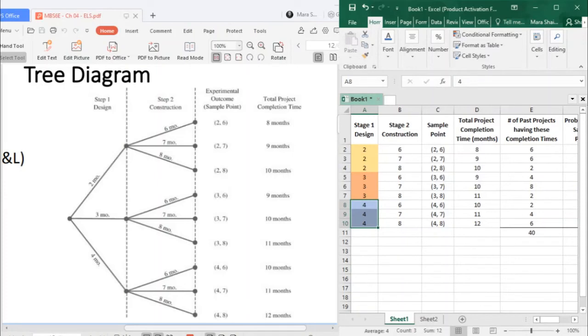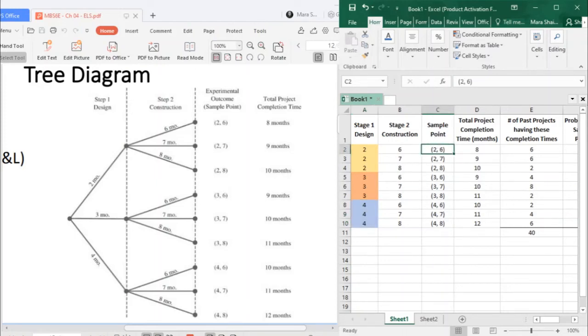And so on and so forth. If you enumerate them, you have a total of 9 possible outcomes: 2, 6; 2, 7; 2, 8; 3, 6; 3, 7; 3, 8; 4, 6; 4, 7; and 4, 8, which you can also see in our table.